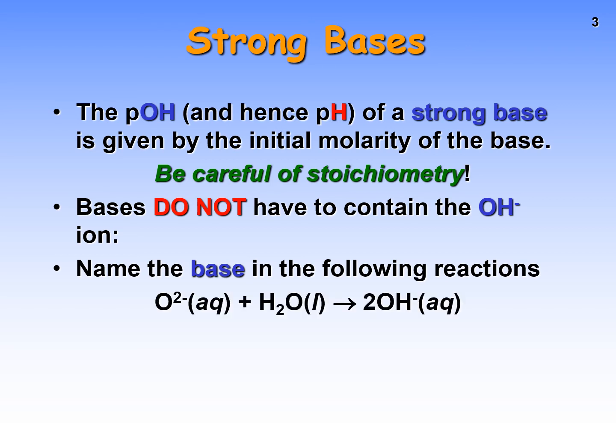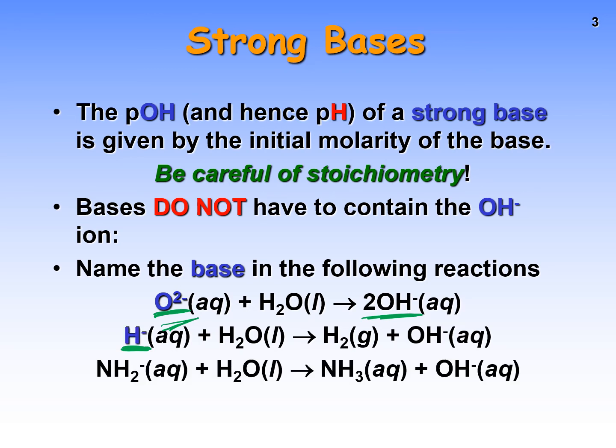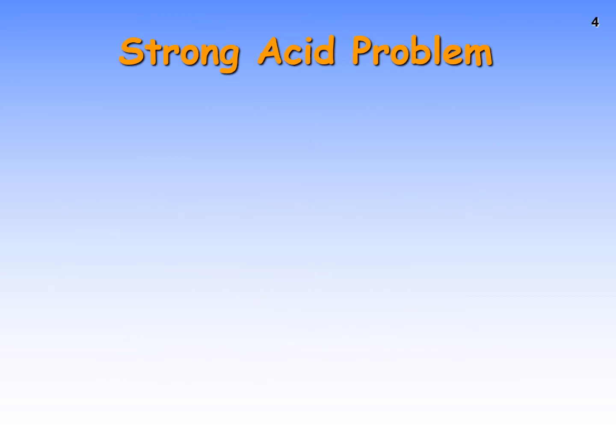For instance, O2- is actually technically a base, and it forms OH-, but it doesn't contain OH- in the formula. H- is also a base. It doesn't have OH- in its formula either. NH2-, again, a base, doesn't contain OH-. So there are a number of different weak bases and strong bases out there that don't contain OH- ions.